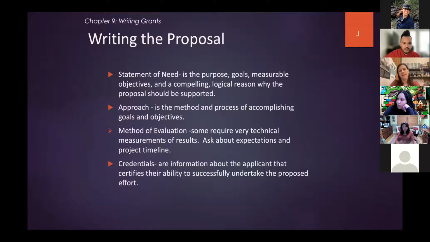What questions are you trying to answer? How does this fit into existing research, or how does this connect to practice and reality? What are some data to show that your idea, reason, and rationale is compelling enough for resources and support from the funder? The reason why the proposal ultimately should be supported.